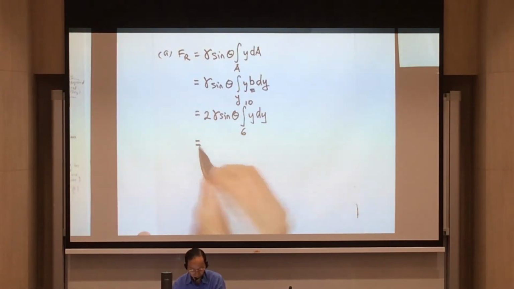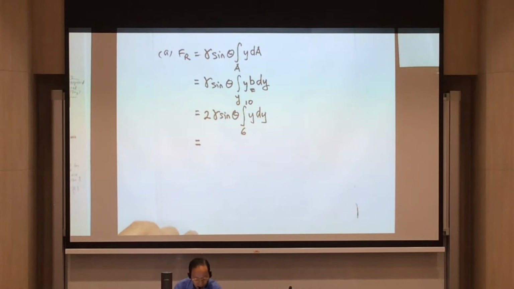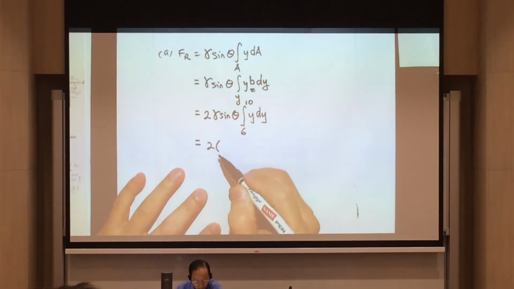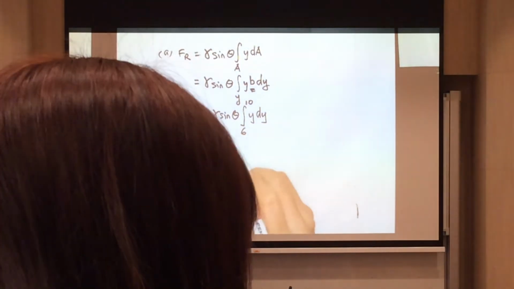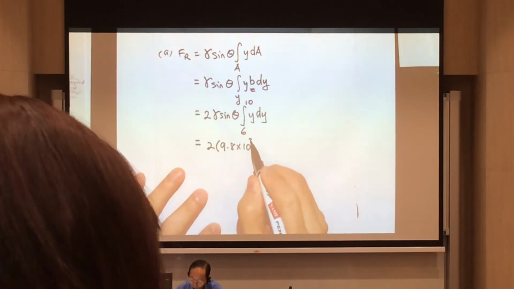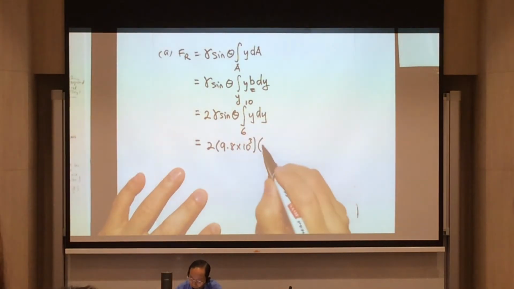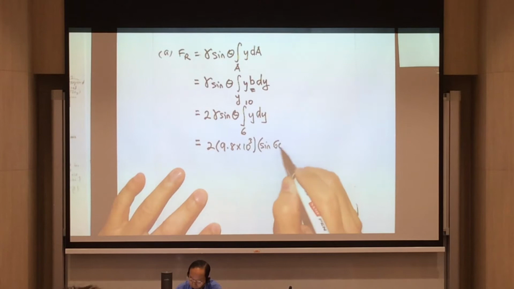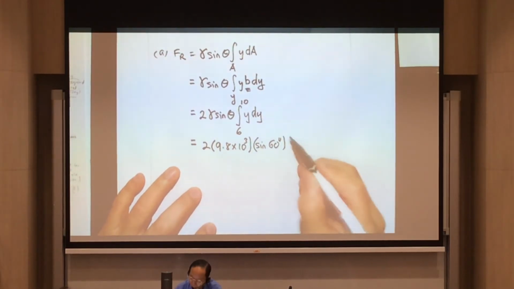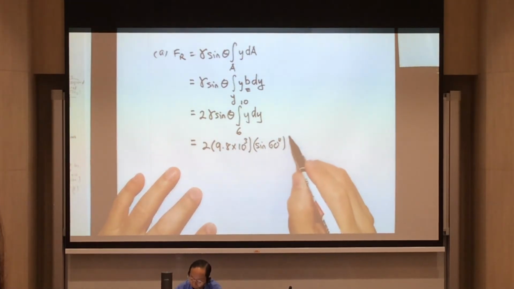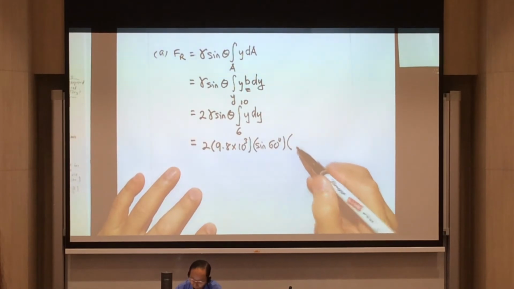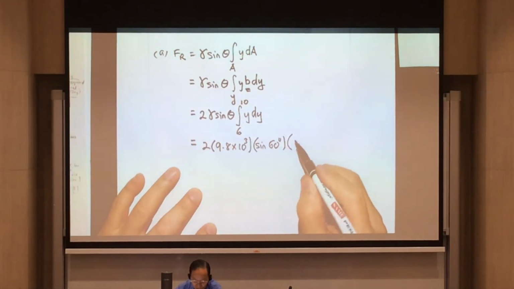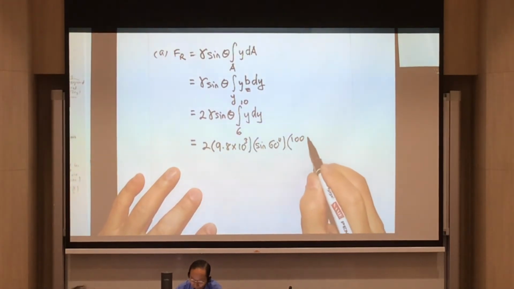So then you put in the values. 2 is there. What is gamma for water? 9.8 times 10 to the power of 3. What is theta? Theta is 60 degrees. Then you evaluate y dy. I skip a few steps here. You should get 100 minus 36 over 2.